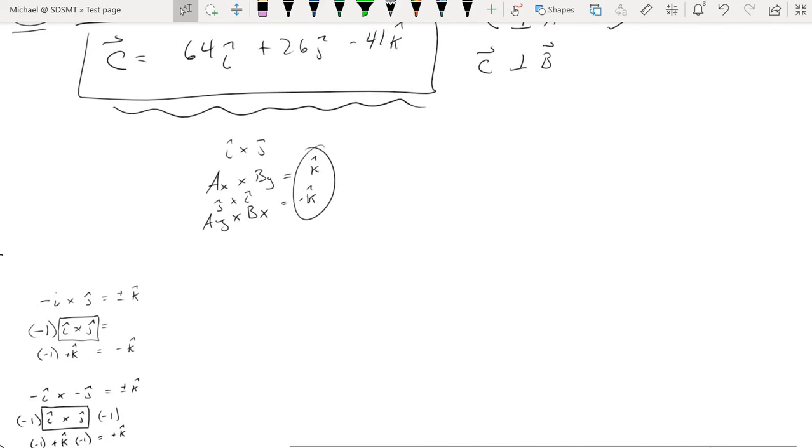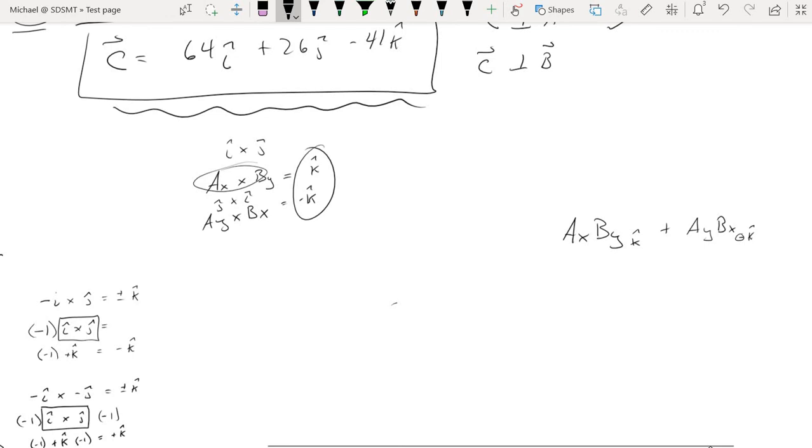And so when we go through and evaluate this, the only thing that was left over in the evaluation were the values of ax and by. And then we had the values of ay and bx with the negative k hat.